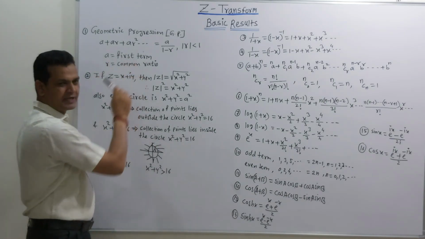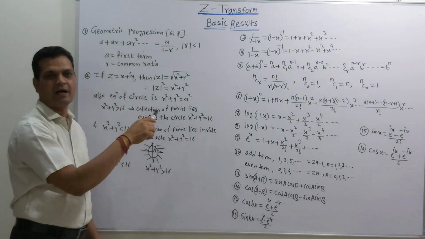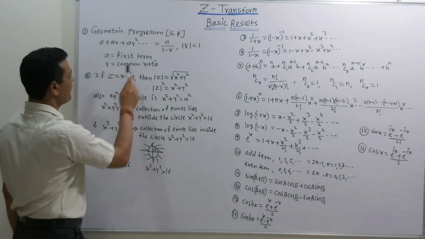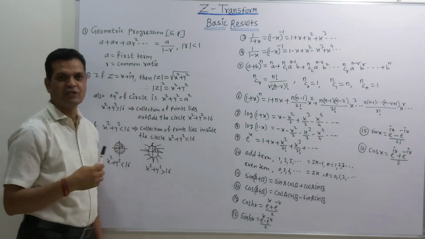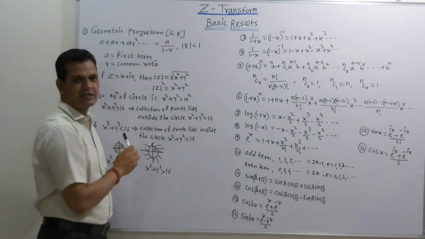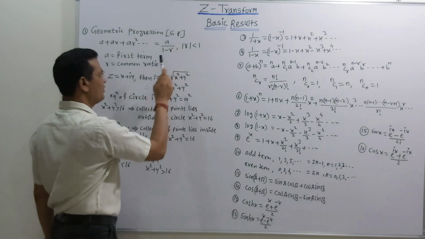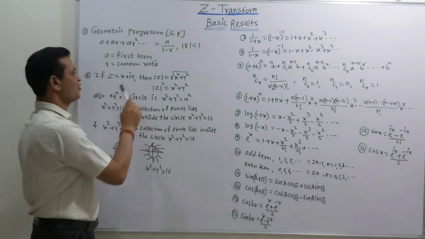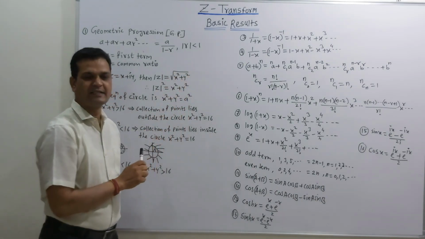If we represent the terms as A plus AR plus AR square plus AR cube and so on up to infinity, where A is the first term of the sequence and R is called the common ratio, then we can write the sum of such a geometric progression as A upon 1 minus R, where A is the first term, R is the common ratio between two terms, and the value of mod of R is less than 1.